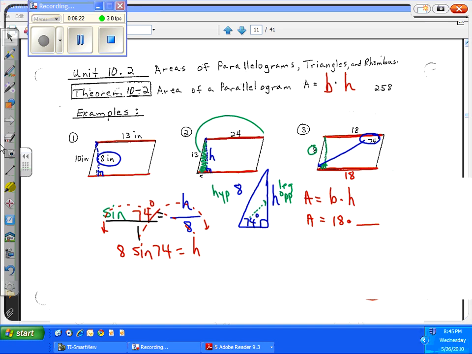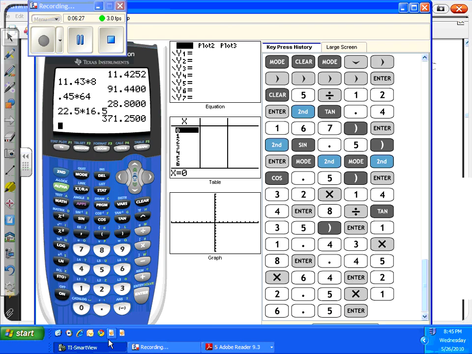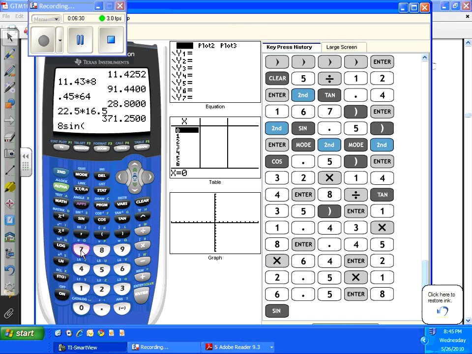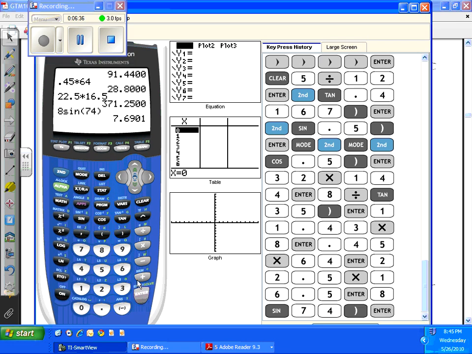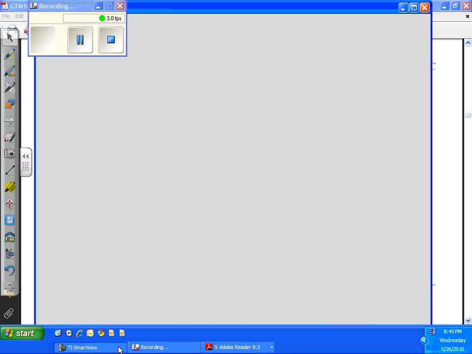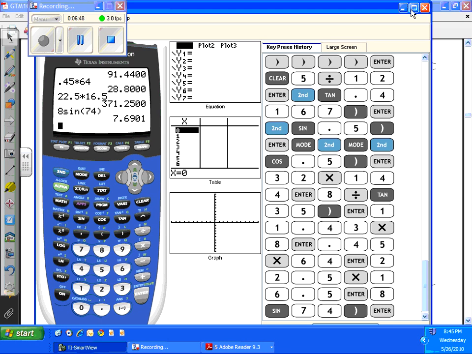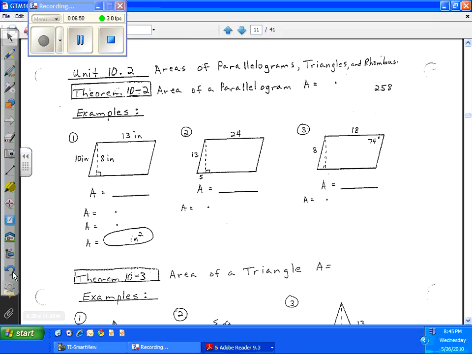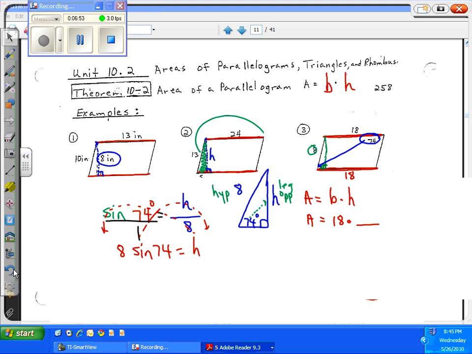And then we can go to our calculator. 8 sine 74 is 7.6901, and I did have this rounded to 4 decimal places. I've got it on float 4 as we talked about before, and I just forgot what it was. 7.6901 is equal to the height.